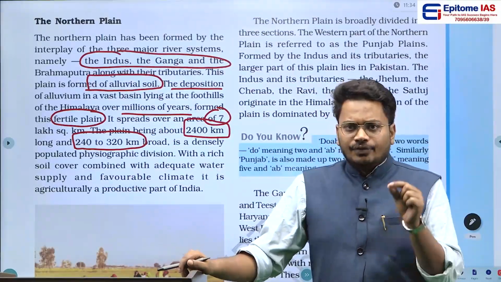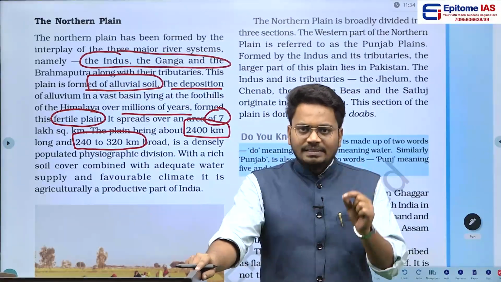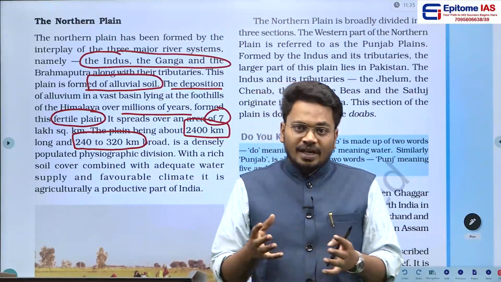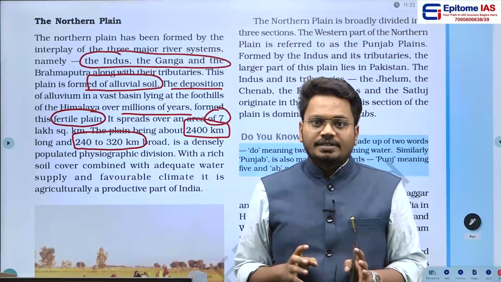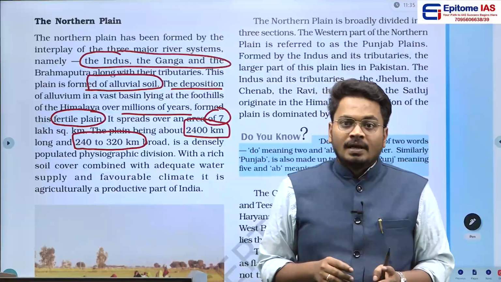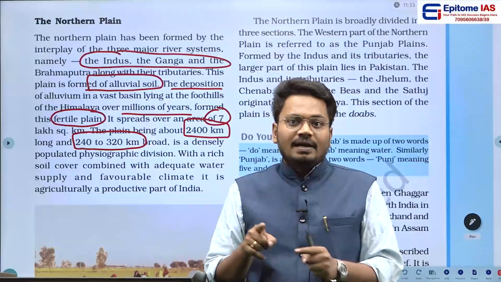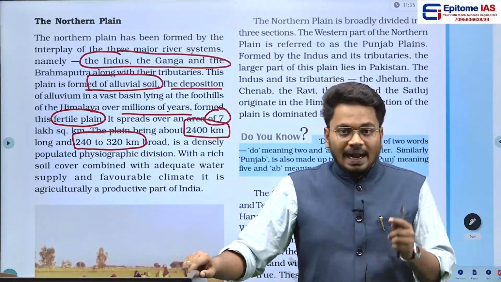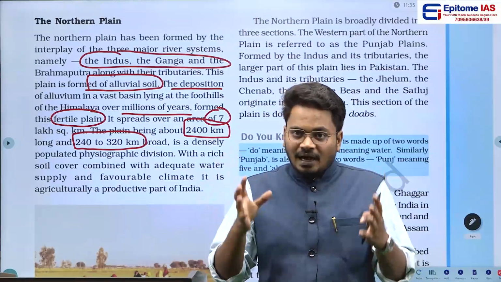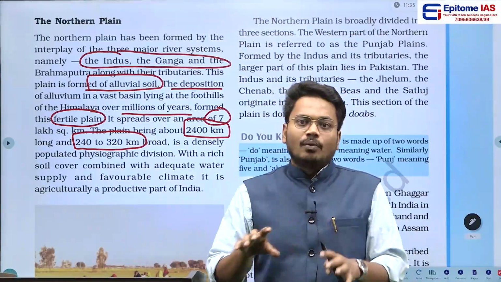Generally, plains are the most densely populated areas. Why? Because in plains it is very easy to make transportation and very easy to construct any sort of industry, and moreover the economic activity is very high because of highly fertile lands. And for industries, what do we need? We need water. Since these plains are formed by rivers, those areas have a high abundance of water.